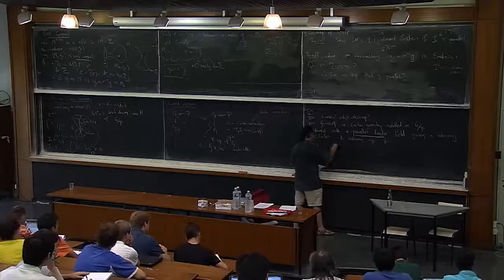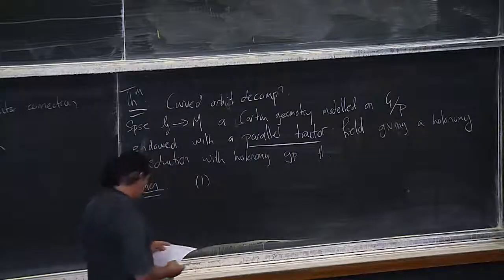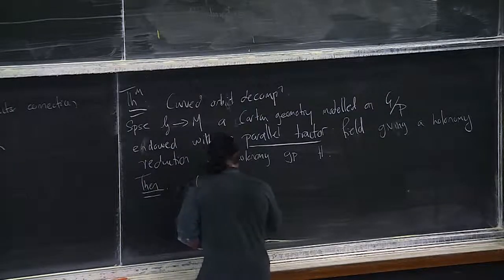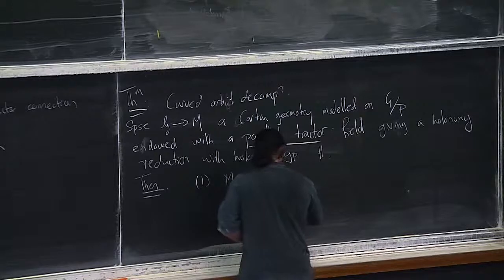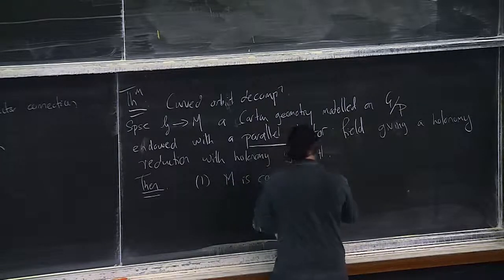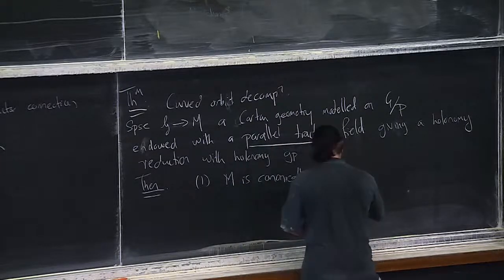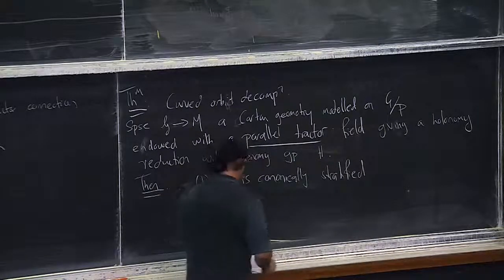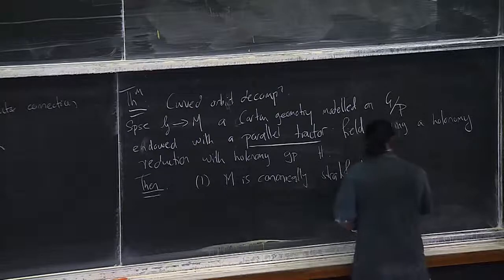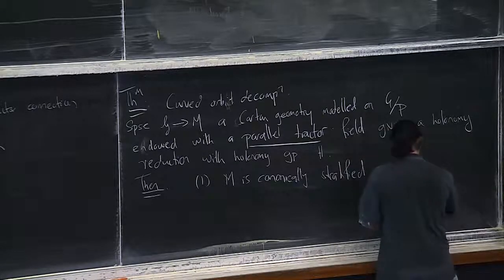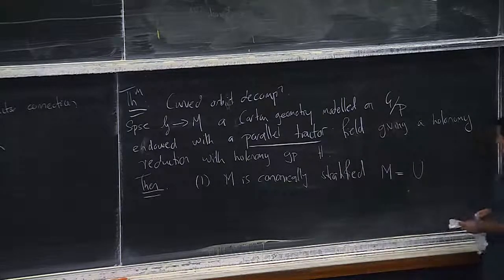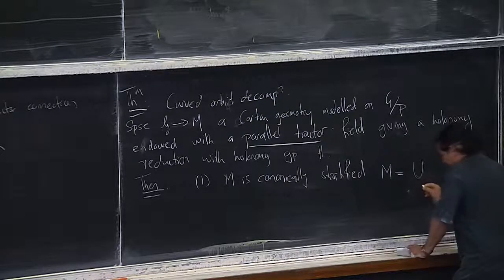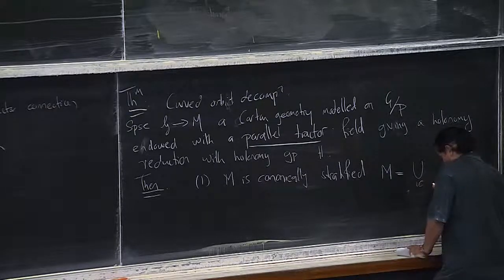Then, if you have that, the manifold is canonically stratified into a union of strata that are parameterized by the double cosets.